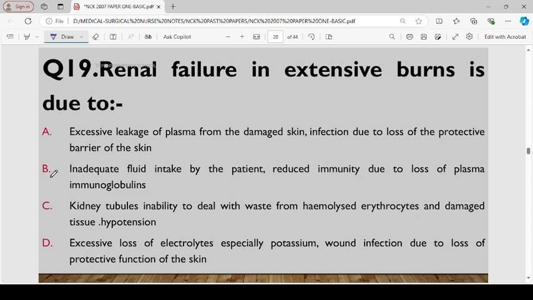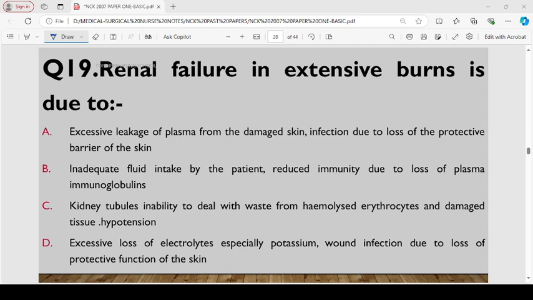We have number 19, renal failure in extensive burns is due to, you have option A up to D. Option A talks about excessive leakage of plasma. Leakage of plasma occurs, but renal failure is more specifically due to the kidney tubules' inability to deal with waste, not the leakage. What about inadequate fluid intake by the patient, right?